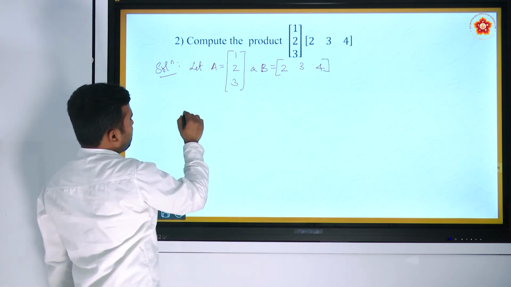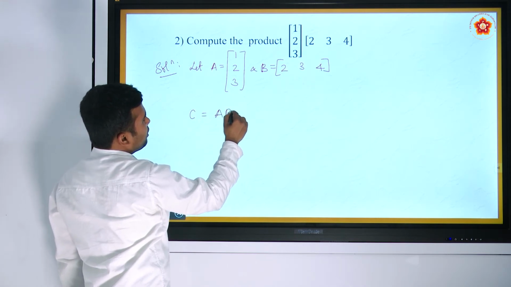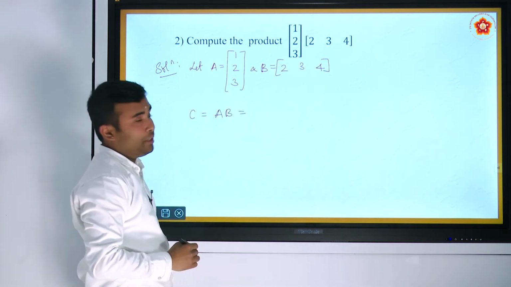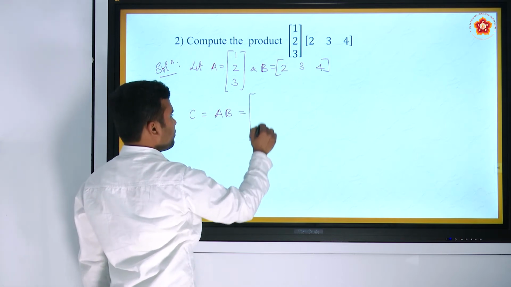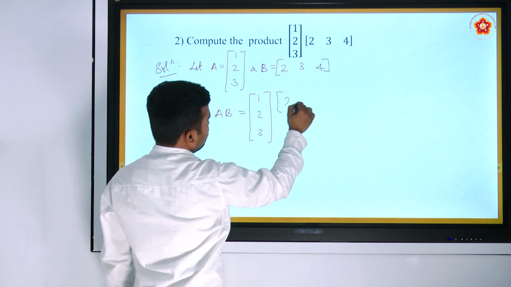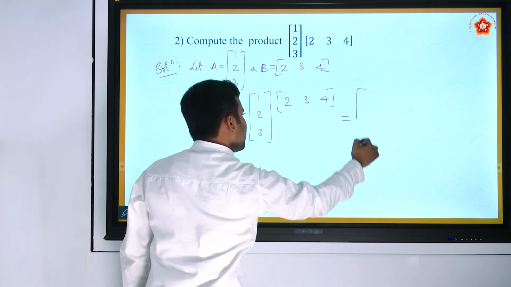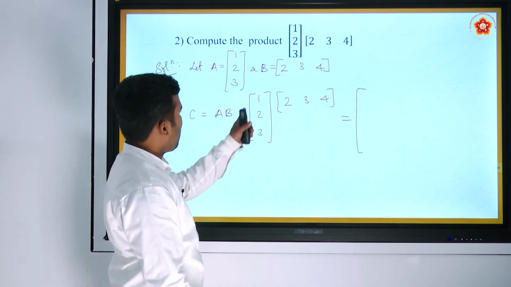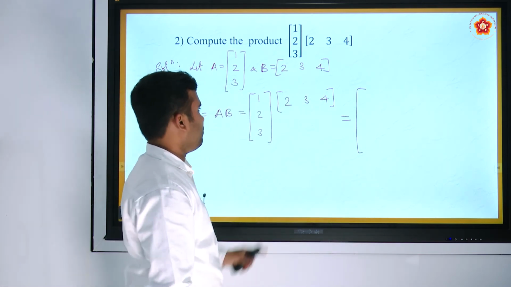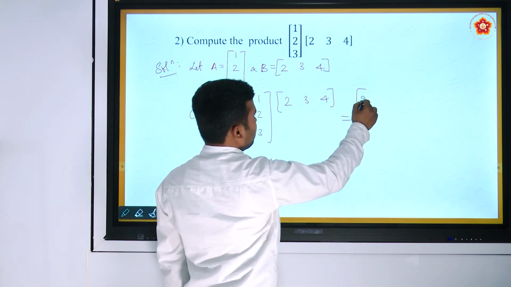Now I am going to take another matrix C, which is nothing but the product matrix AB. So find out the product matrix. First row into first column, 1 into 2 is 2.